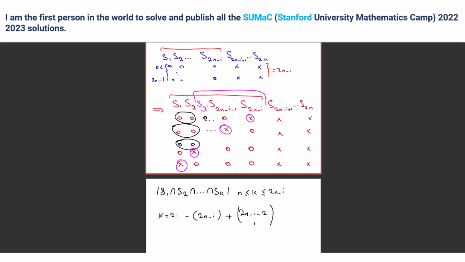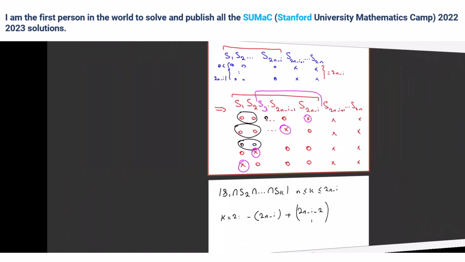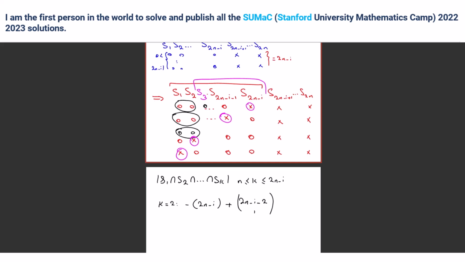Yes, the action is this. You remove elements, for example, 2n minus I elements that are in 2n minus I. Then you add elements like this. You add exactly one cross. Okay? Yeah. So now for general k, see what happens.